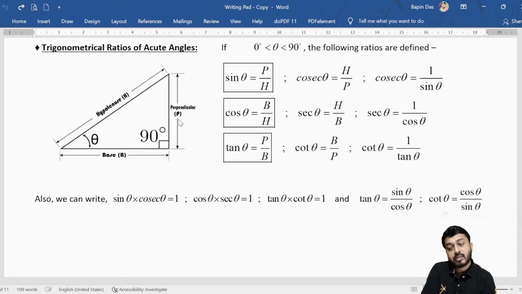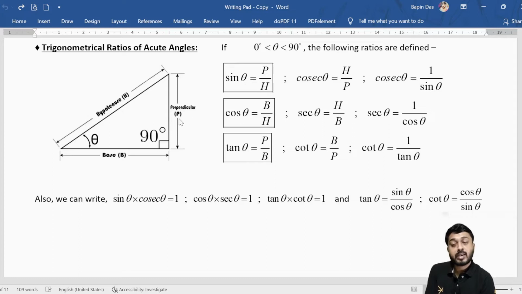This is the perpendicular, or sometimes said to be the height, which I've denoted with capital P, and this is the hypotenuse, denoted by capital H. Symbols for perpendicular, base and hypotenuse are P, B and H. This angle is 90 degrees, and the side of the right angle triangle which is just opposite to the right angle is the hypotenuse, because the hypotenuse is literally the longest side of a right angle triangle. So this is the hypotenuse, denoted by capital H.